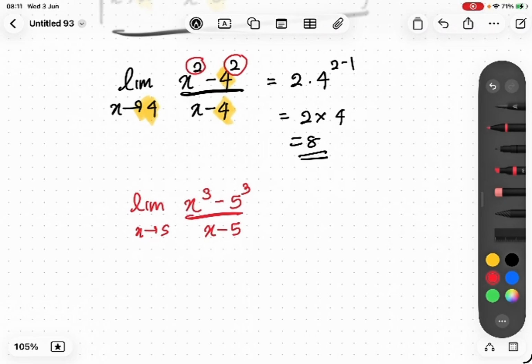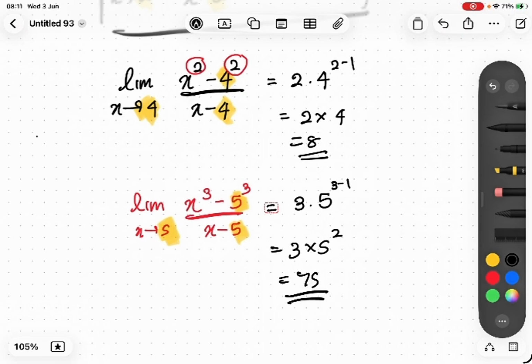If this is the format, try to understand the pattern, right? Then your answer will be 3 times 5 to the power 3 minus 1. Okay, so 3 times 5 squared, 75. This will be the answer.